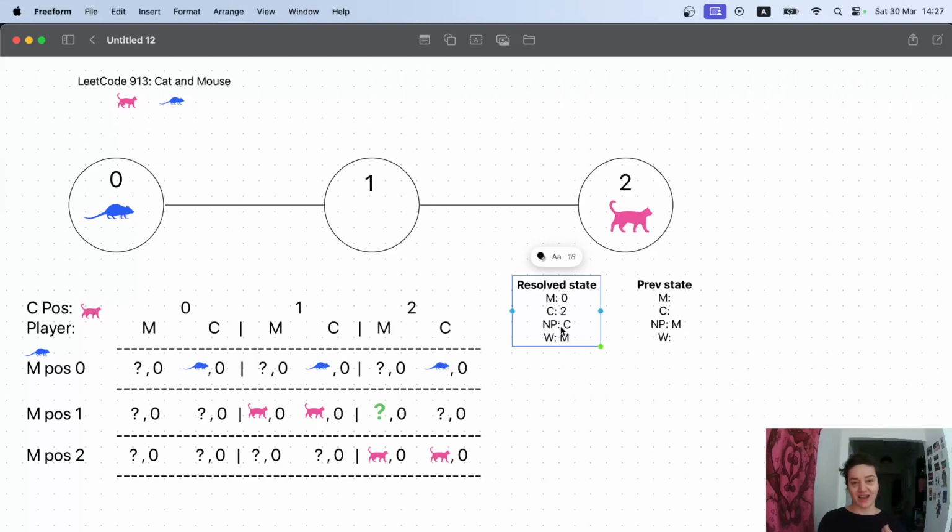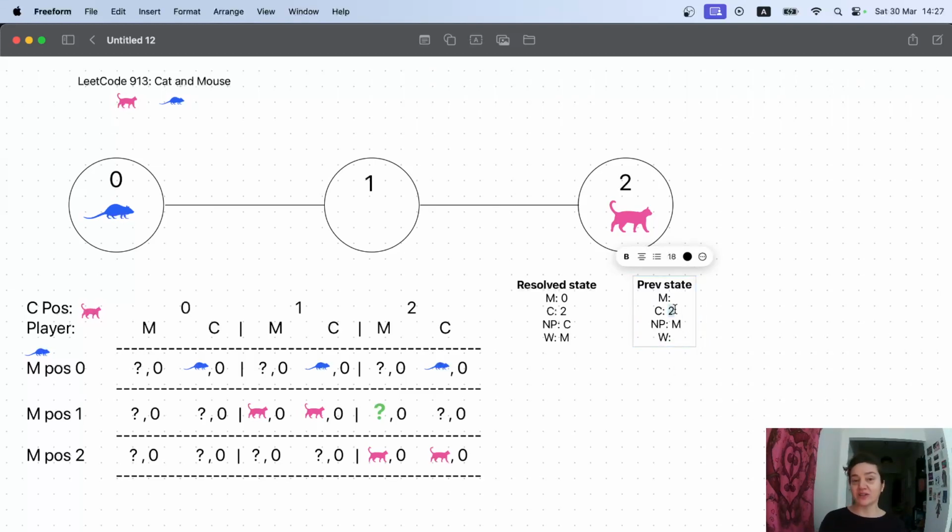And now it will be the cat's turn to play. Great. Now, if the mouse made the move, where were they? Well, if the mouse made the move, then the cat was just where he is. He'll move next from 2 to somewhere, I don't know. But here the mouse made the move, so the cat was just where he is. 2.